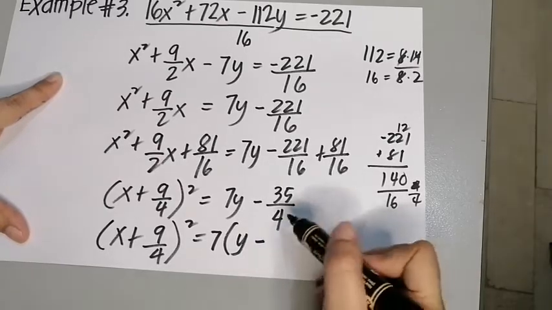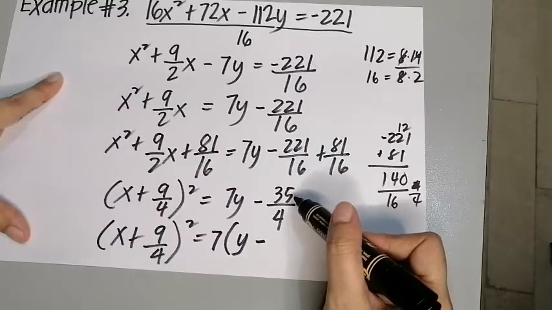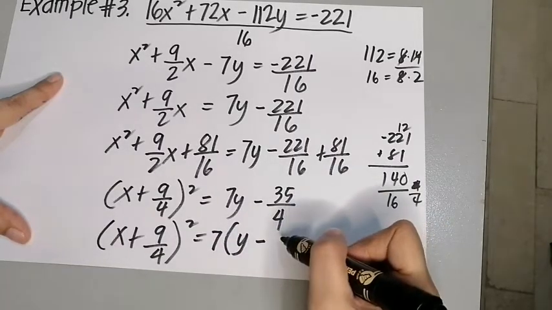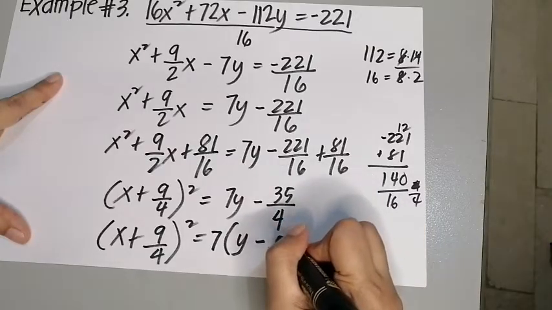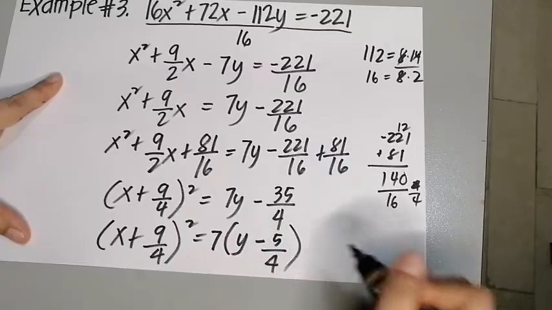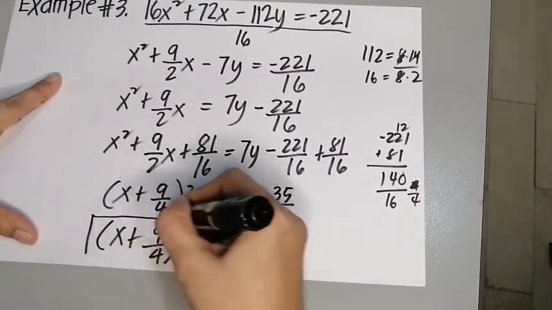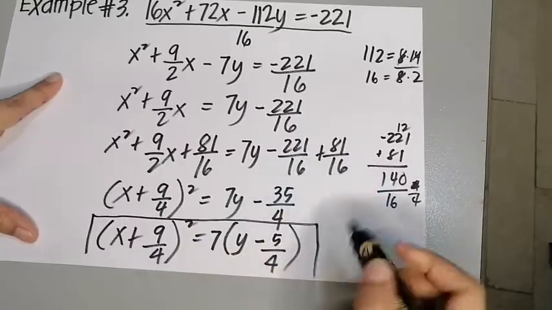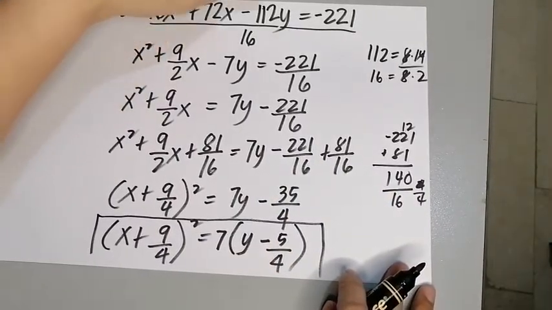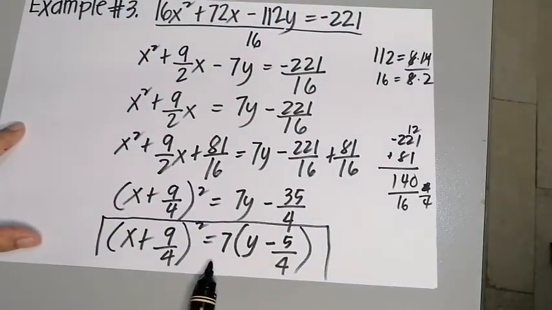So what are we going to multiply to 7 to come up with 35 over 4? That is 5 over 4. So there you go. This is the standard form of the equation given 16x squared plus 72x minus 112y equals negative 221. Look at this equation.